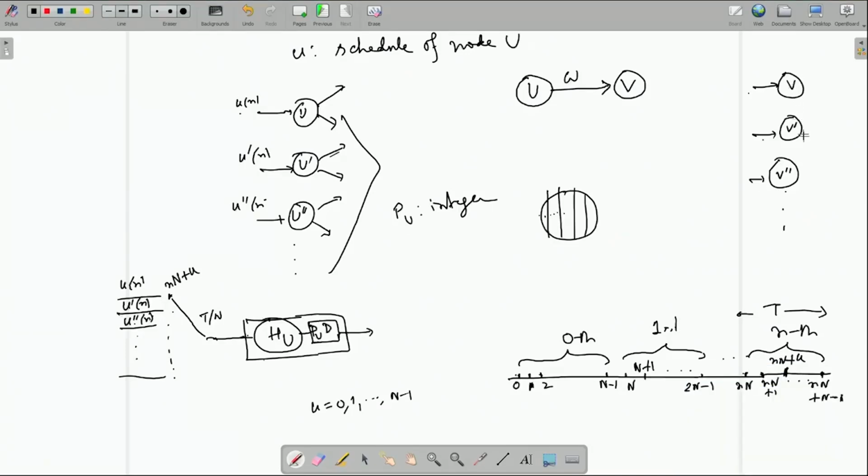Similarly, in another timing diagram, under the same nth input clock, we will have nN and so on, maybe up to nN plus some small v here.